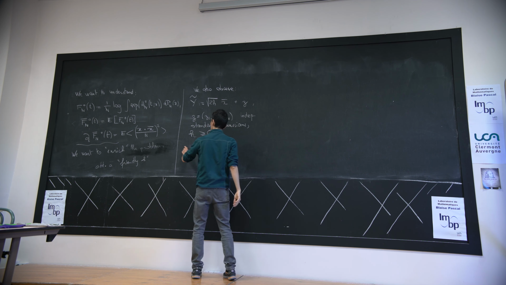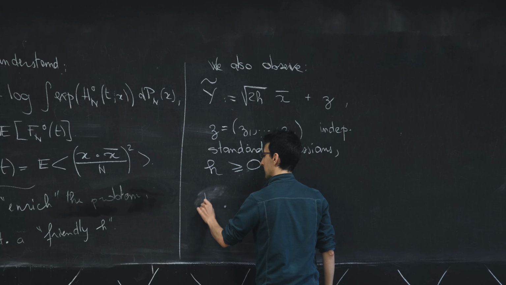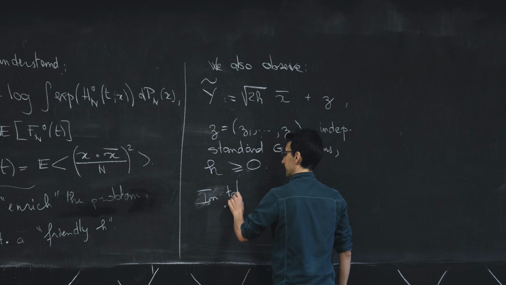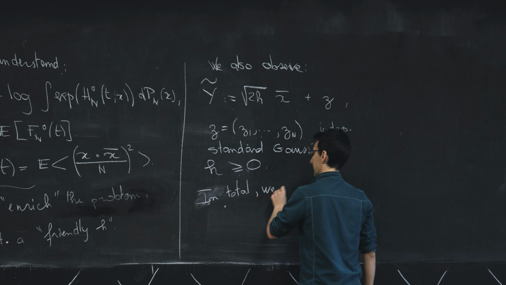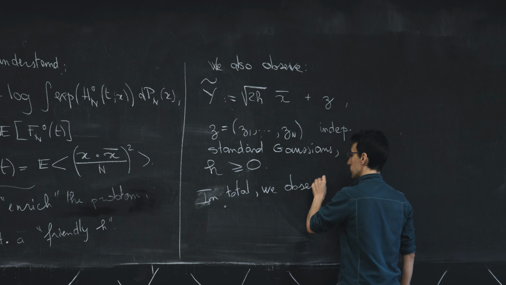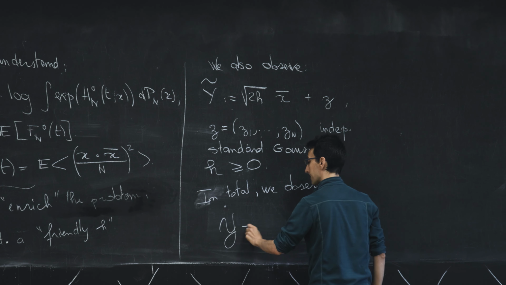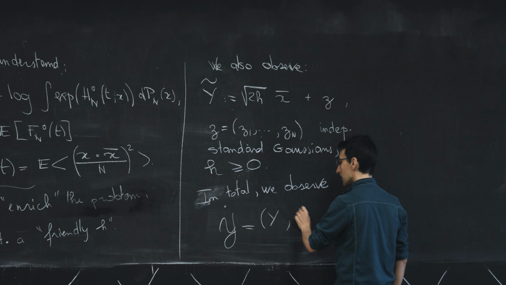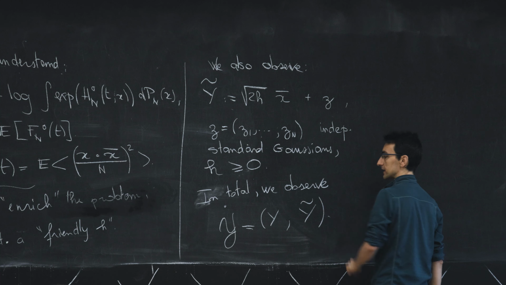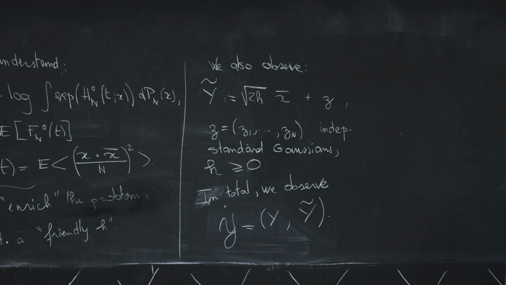So in total, we observe, let me write this calligraphic Y, the pair Y and Y tilde. Okay?